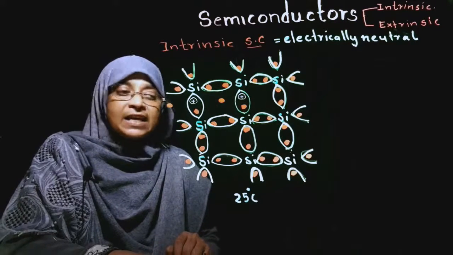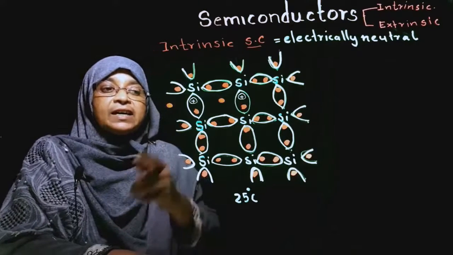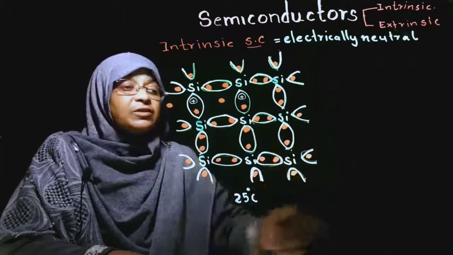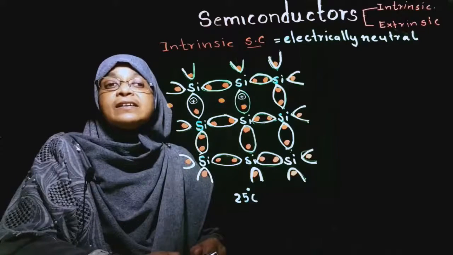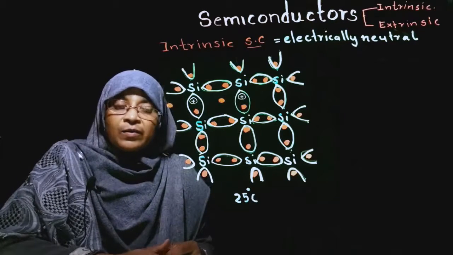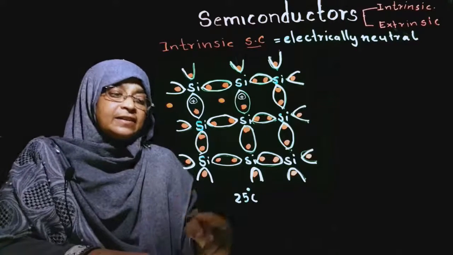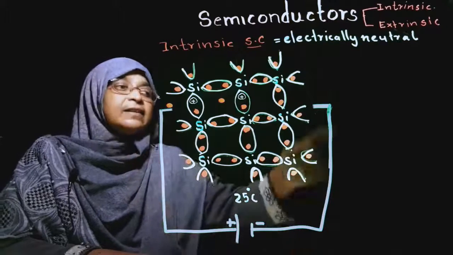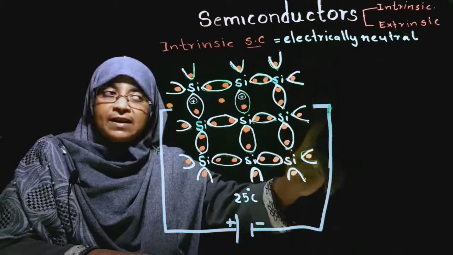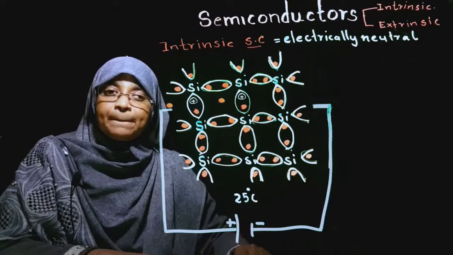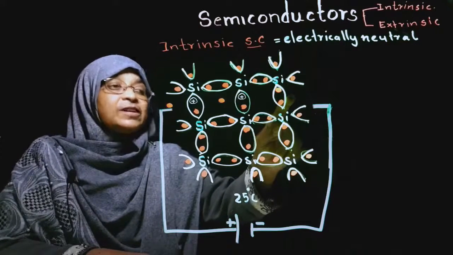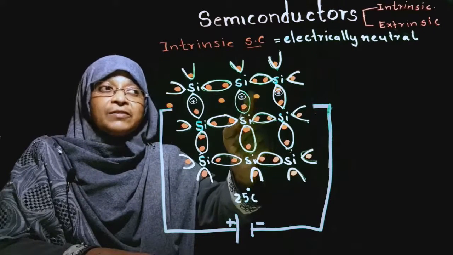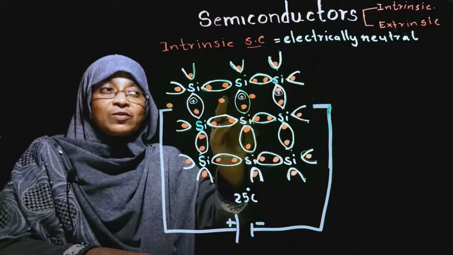Now, let's see what happens when an external potential difference is connected to this intrinsic semiconductor. Now, I have connected the positive terminal to this side and the negative terminal to this side. Now you can see what's happening. At the end of the negative terminal, an electron is released, a hole forms, and the free electron runs towards the hole.